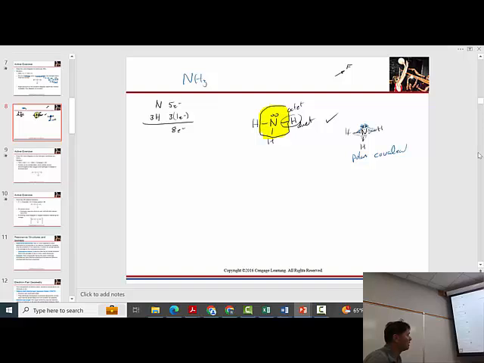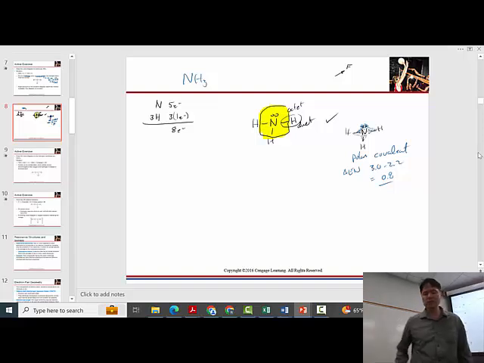Let's figure out what delta EN is for this. Nitrogen is a 3.0, hydrogen is a 2.2, so delta EN is 0.8. Polar covalent. Now, when we do Lewis structures, your book doesn't go into it at this point, but we need to go into this.